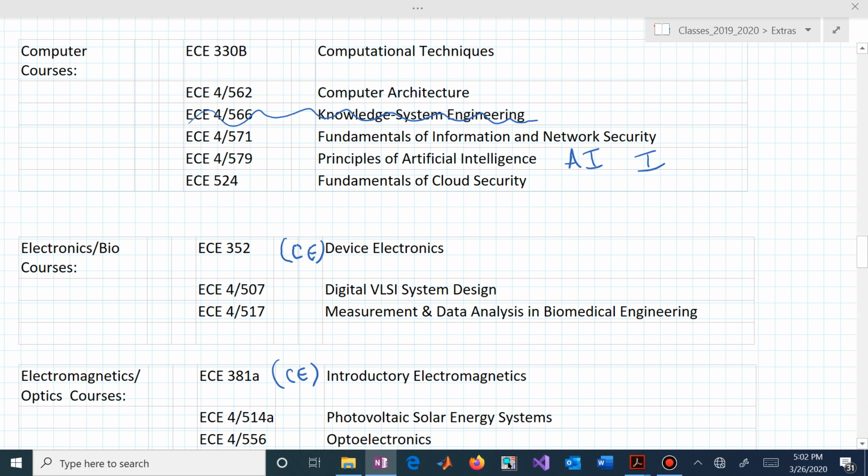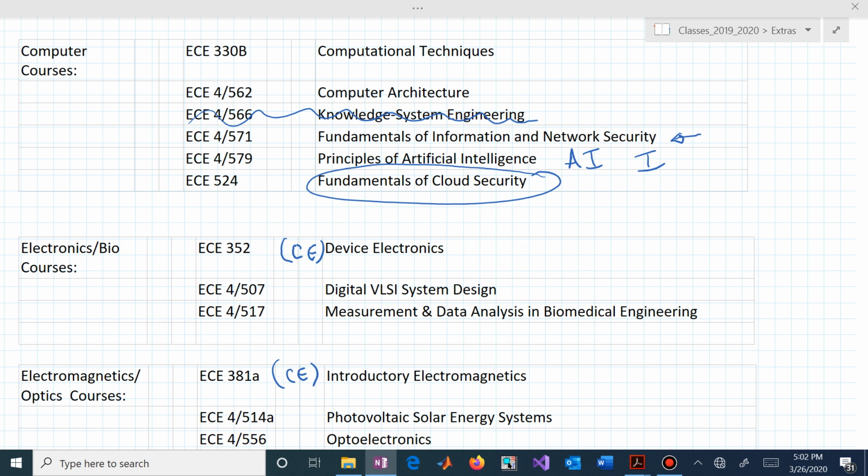If you're interested in cybersecurity, then another class that you could consider taking is 471. This is using or introducing a lot of cryptography. That's 471A. And another class is, many things are going to the cloud. What are the key concerns if your company is now using cloud services?